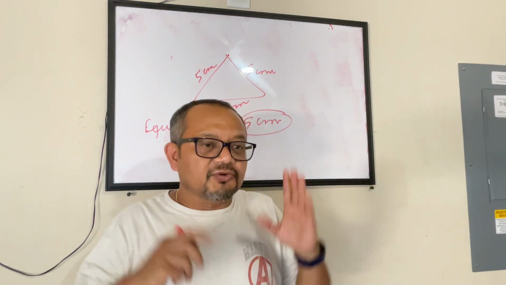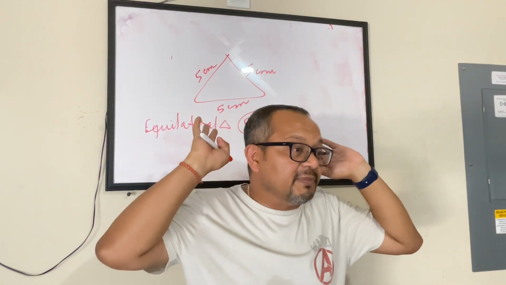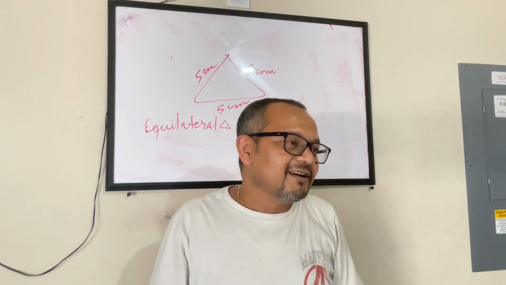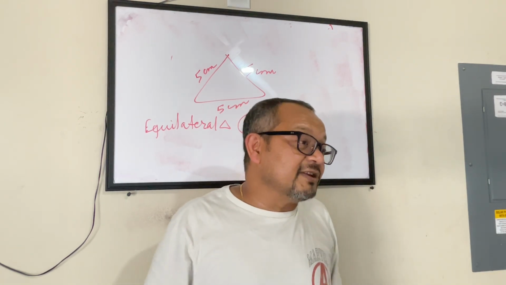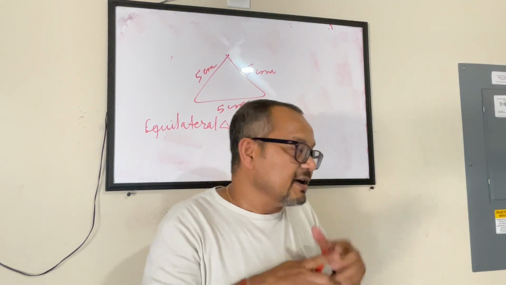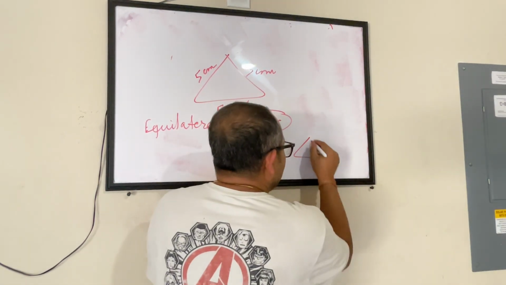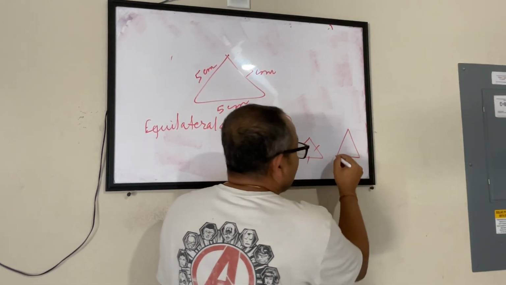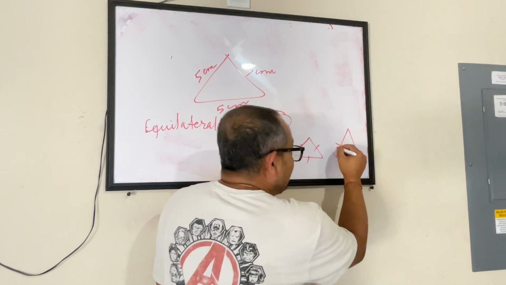Okay. So I said find out the perimeter of an equilateral triangle. What is an equilateral triangle? A triangle which has all sides same. So this is an equilateral triangle. This is an isosceles triangle where only two sides are same.